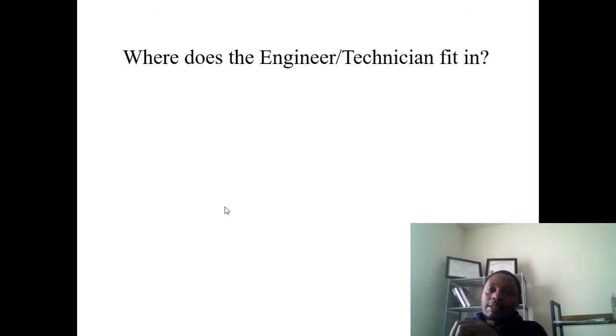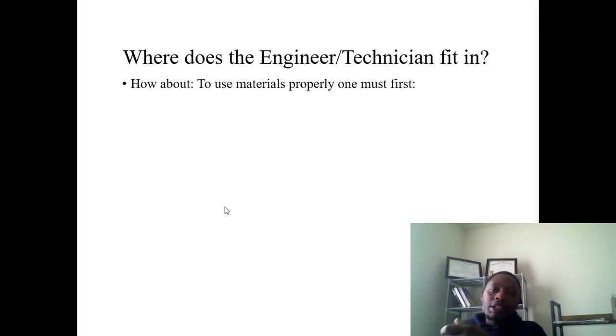So where does the engineer or the technician fit in this whole construction process and materials specifically? In order for an engineer, technician, or a construction manager to use materials properly, one must first understand the natural characteristics of that material.